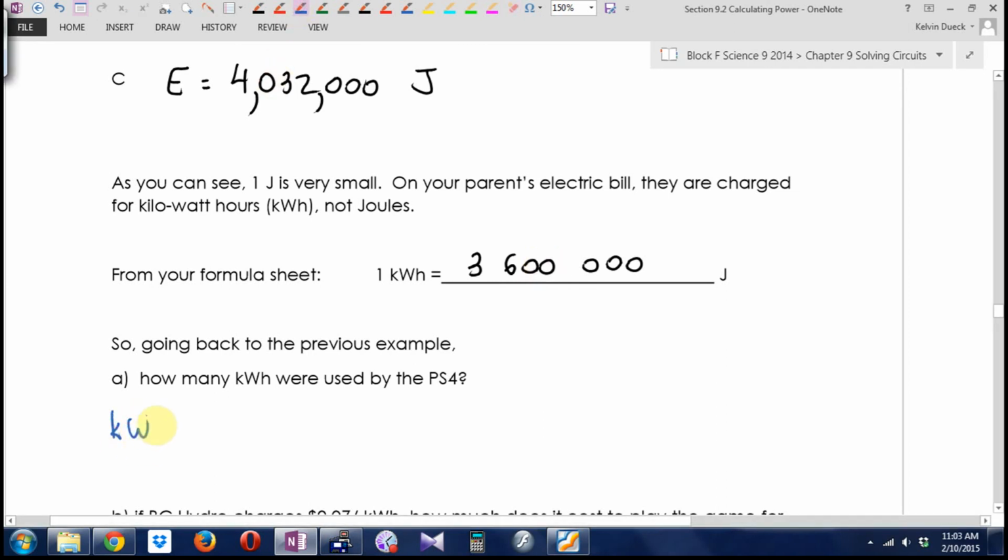Kilowatt hours is going to be joules divided by 3,600,000. If you want to go in the other direction, from kilowatt hours back to joules, it's times, because the opposite of dividing by that is multiplying by that.